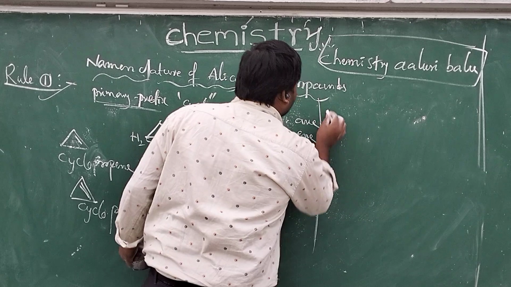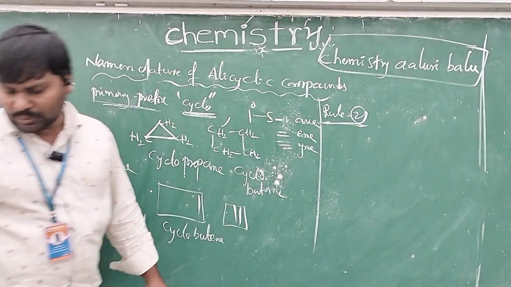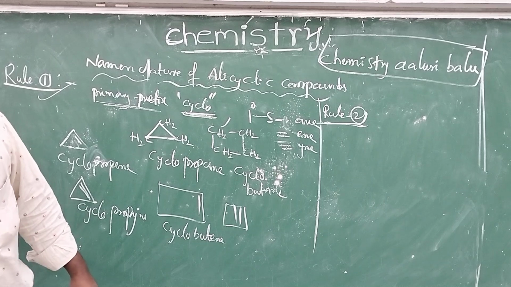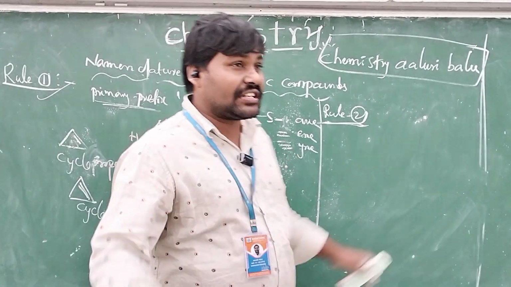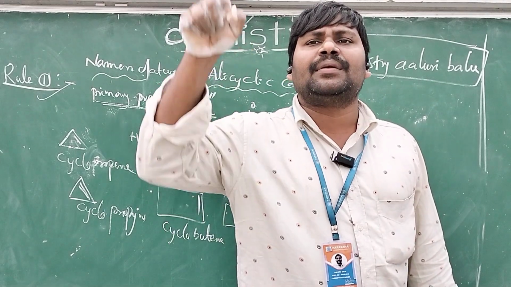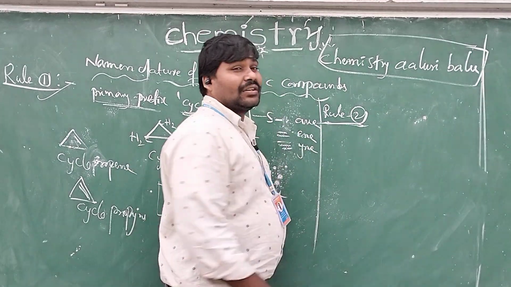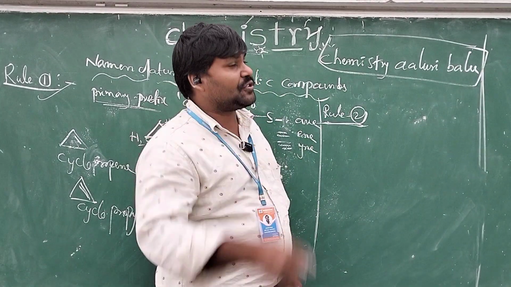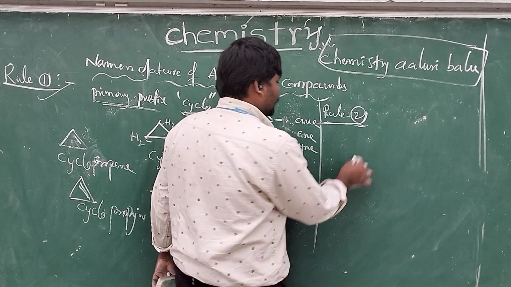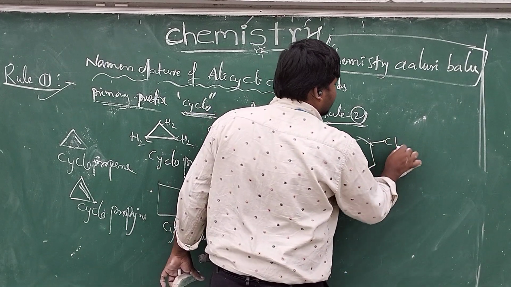Now rule number two. If only one substituent is attached to the ring, we can locate the position of the substituent. With more than two substituents, we use Arabic numbers. For example, this is cyclohexane, and here CH3 is there.